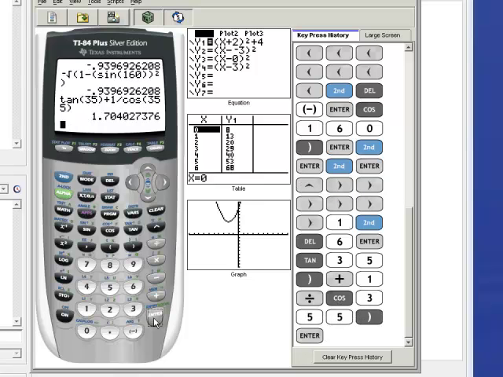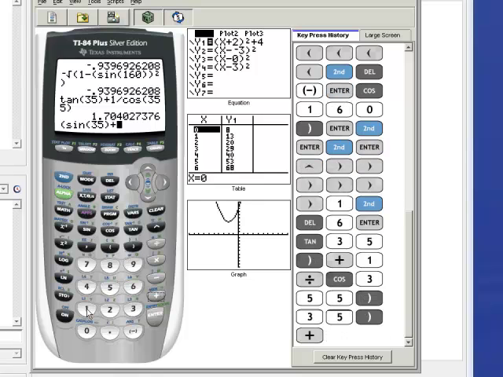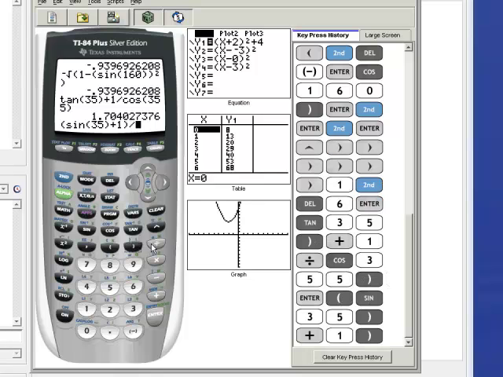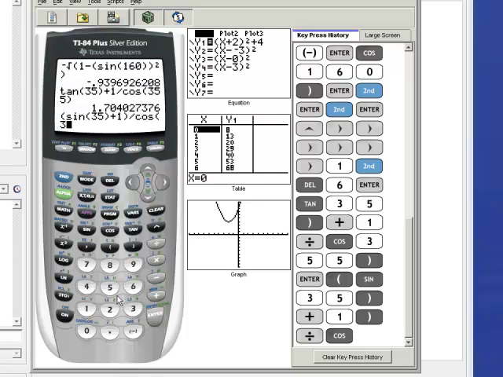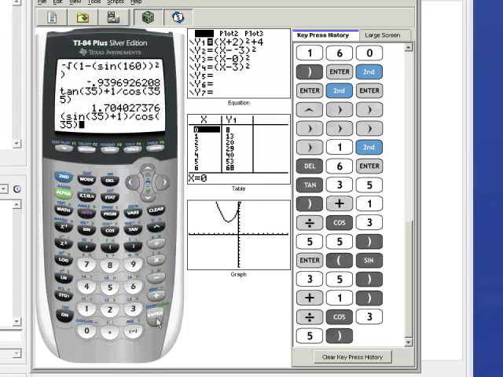I come out with 1.70. Now I'm going to do the same thing with how I manipulated it. So it's going to be sine 35 plus 1 divided by cosine of 35.